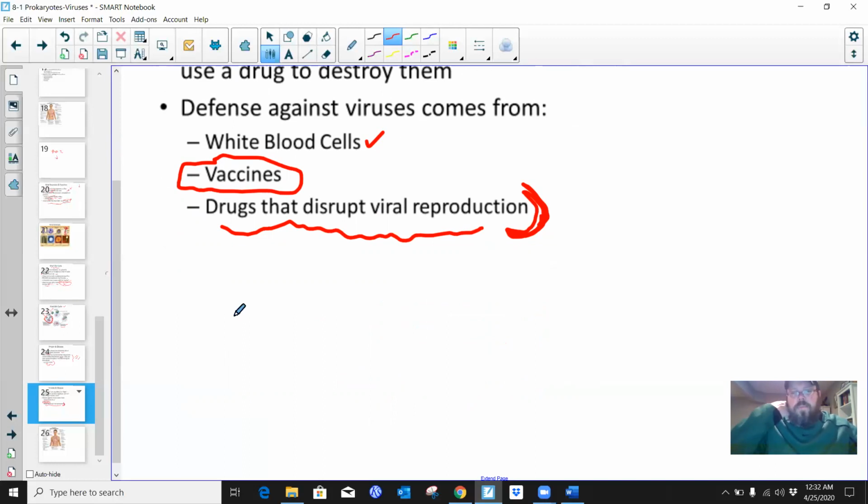Our bodies, our immune system, are loaded with white blood cells and different components that are responsible for recognizing foreign invaders. When our body recognizes these foreign invaders, it will trigger immune responses that will fight off viruses.